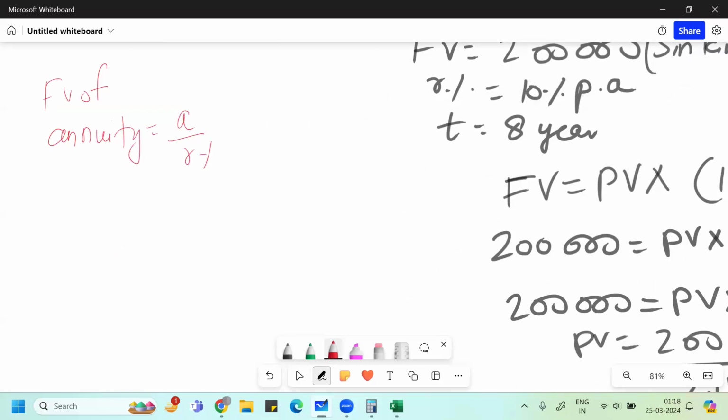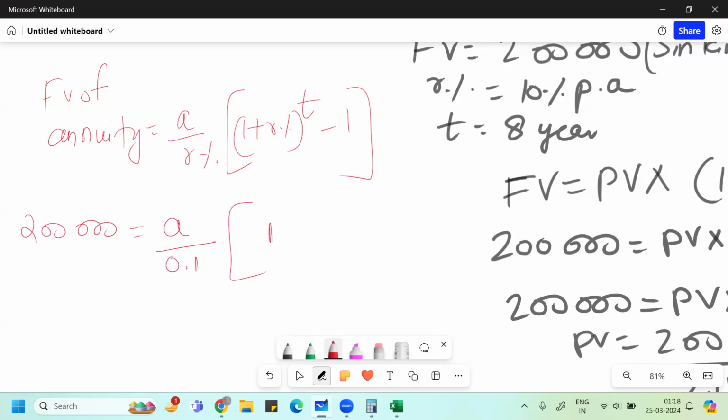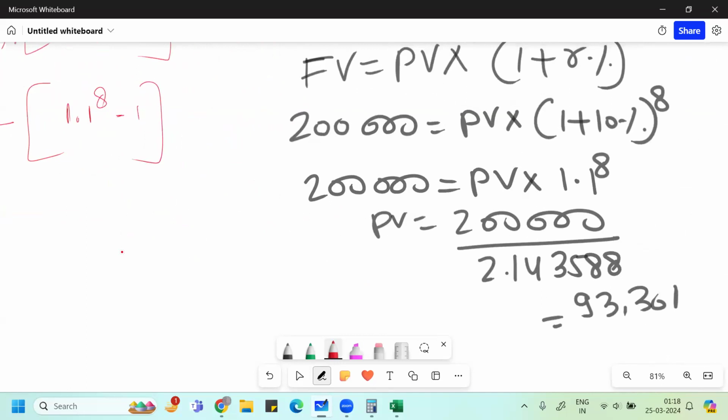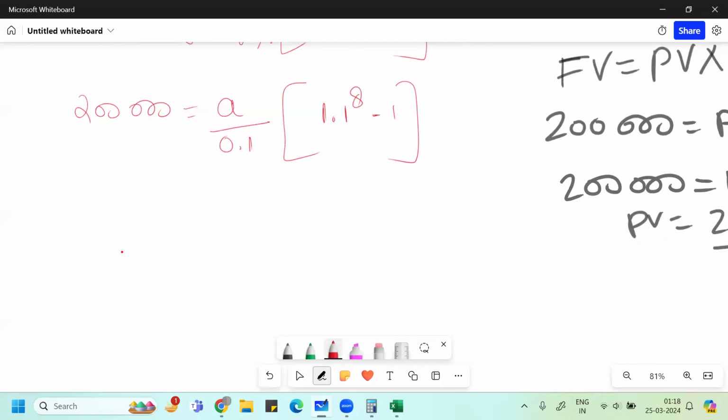The formula is annuity divided by rate of interest into 1 plus rate of interest to the power time minus 1. So the future value of annuity is 2 lakh. Here you want the annuity every year. The rate of interest is 10%, 1.1 to the power 8 minus 1. 1.1 to the power 8 I already determined as 2.143588.